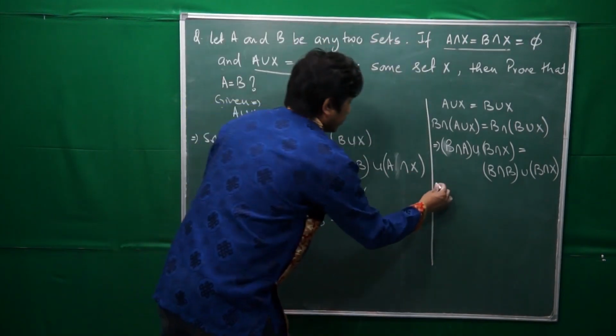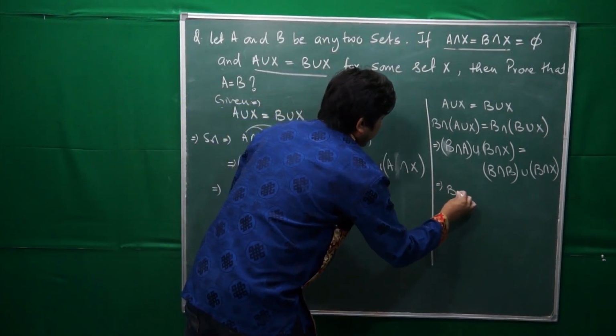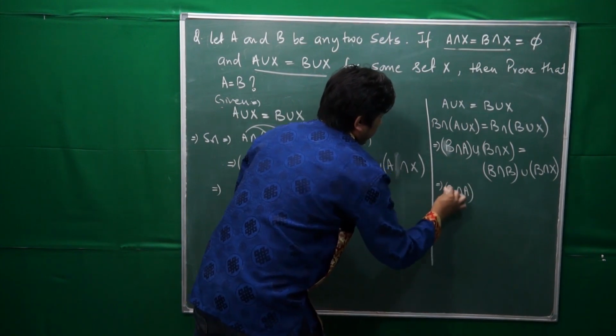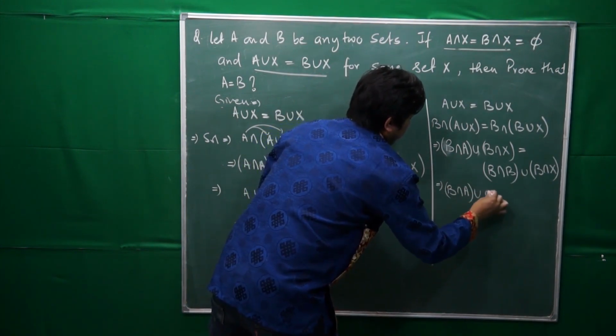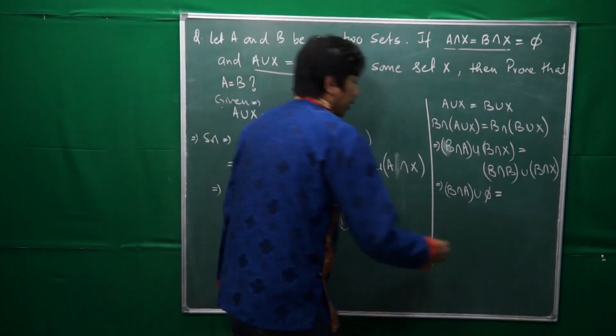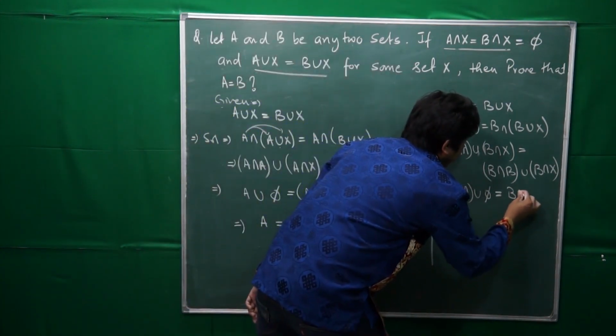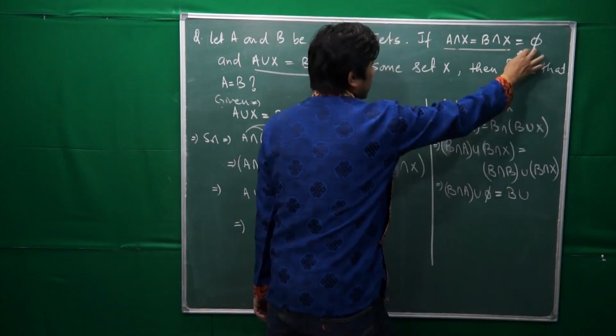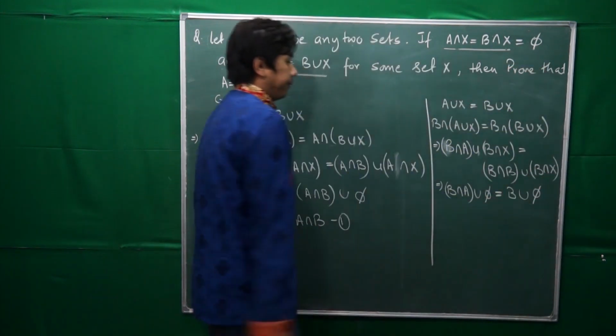So this would be equal to B intersection A union with the null set, equals to, what is B intersection B? By the idempotent law, it would be B, union with B intersection X, which is a null set phi.